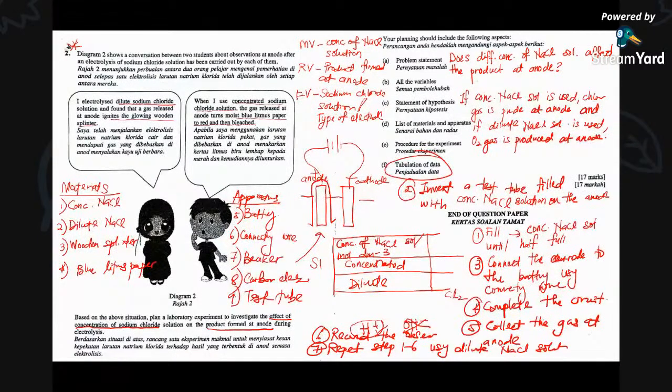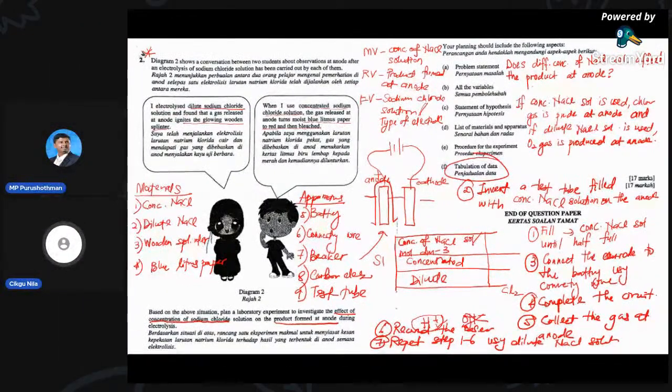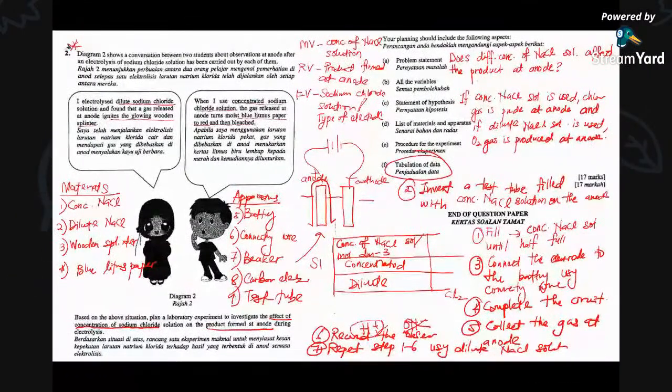If you use values just now, 1.0 or 0.01, then you put the values into the table. And then the next one is the observation at anode. Observation at the anode, you just leave it empty, and that's it. You have written down all the 6 answers for the 6 questions over here.